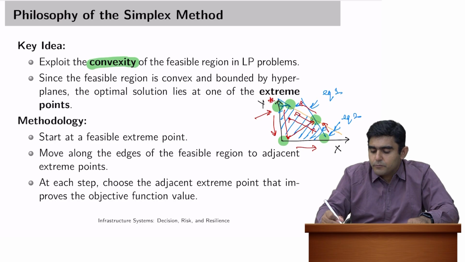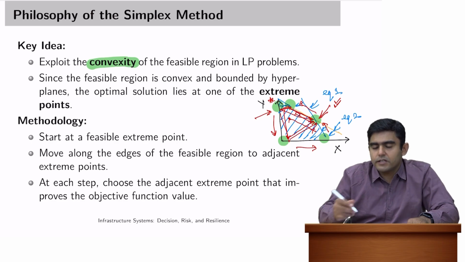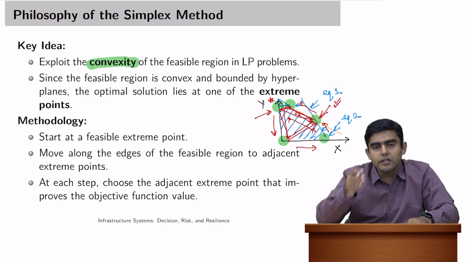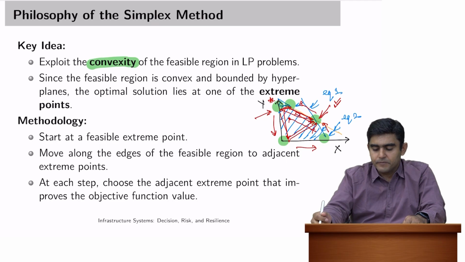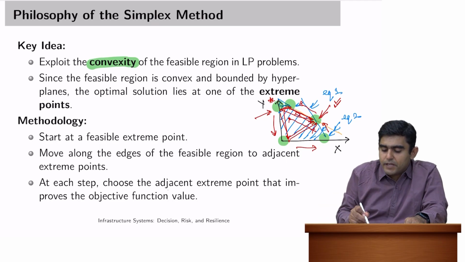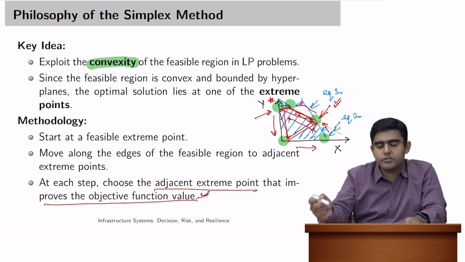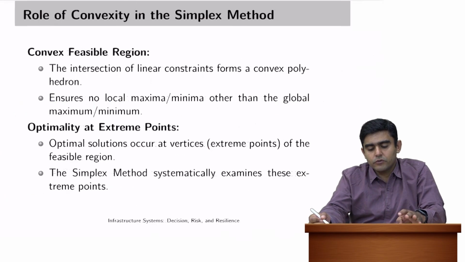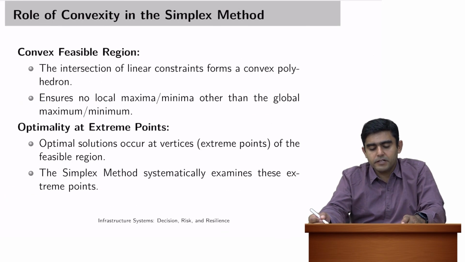If this is our starting point and, hypothetically speaking, if this happens to be our extreme point, we will try to go here either directly or through the shortest path, or a relatively shorter path than traversing across all the points. And what we do is that at each step we choose the adjacent extreme point that improves the objective function value, and this entire idea and methodology together would give us the simplex method.